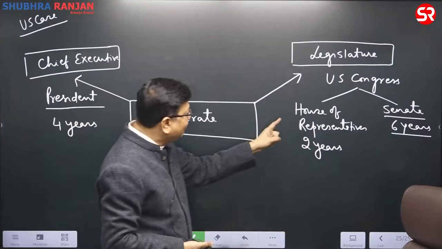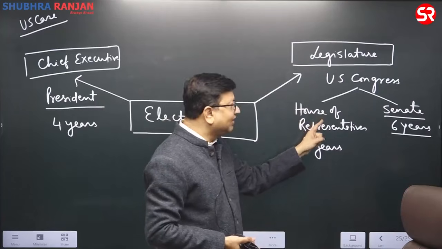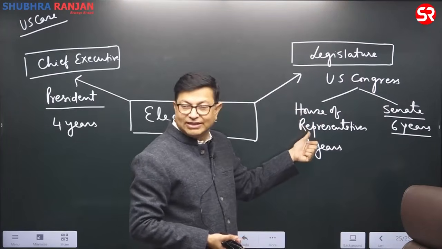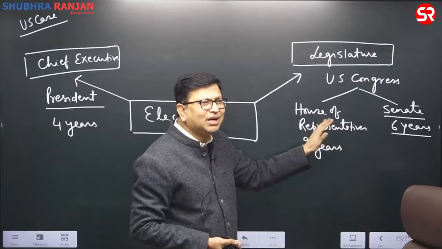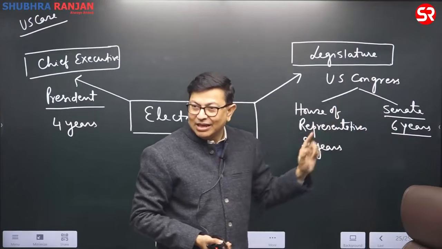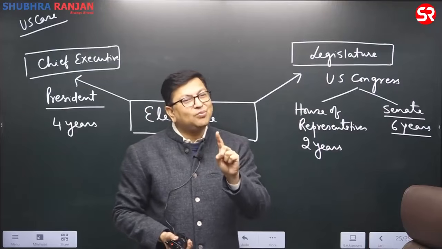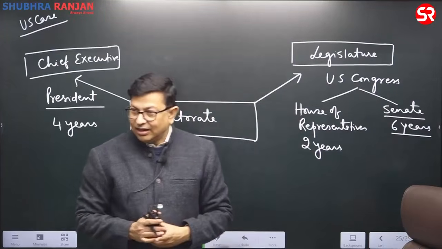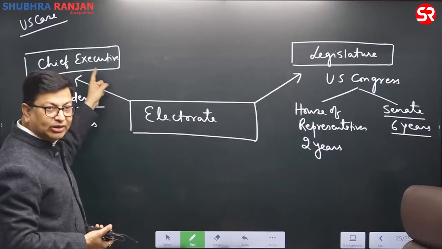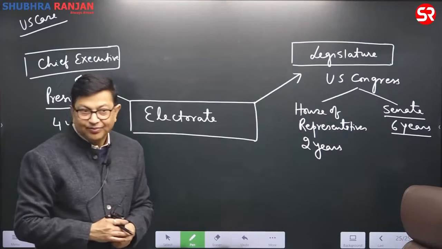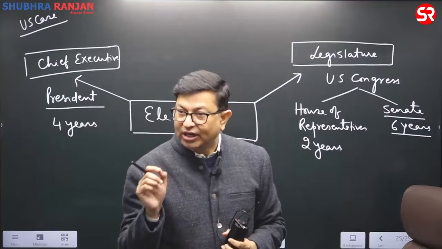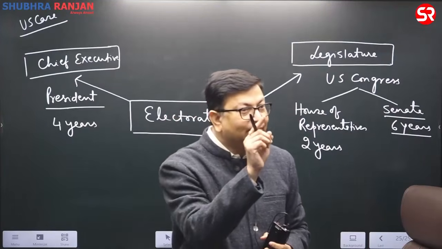And here, even if in the House of Representatives the political party of the president will lose its majority, it hardly matters. And there is clear-cut separation of powers. After the chief executive, means the president, is elected, the president appoints the persons of his choice as the ministers.